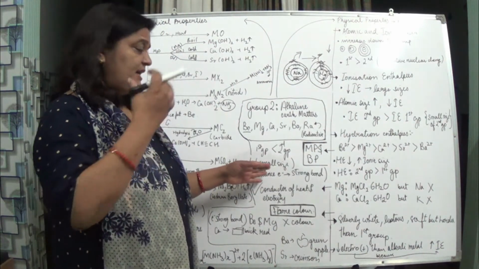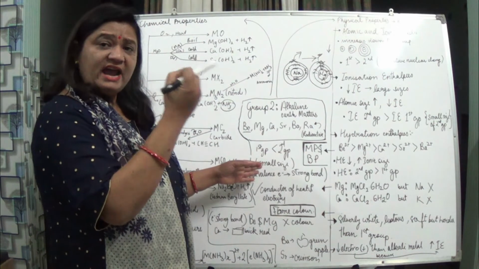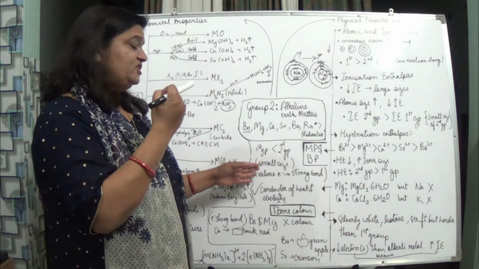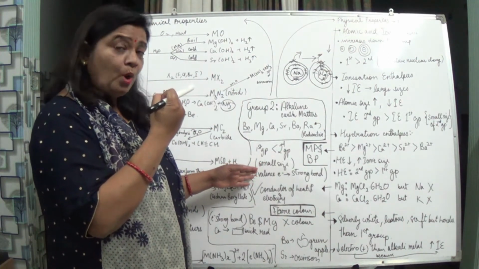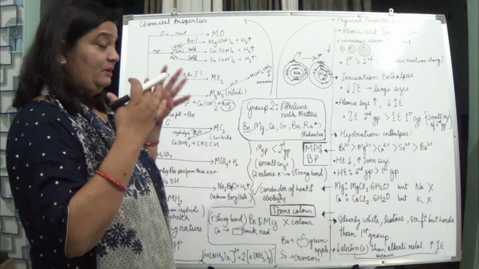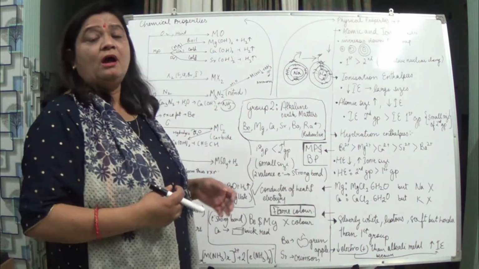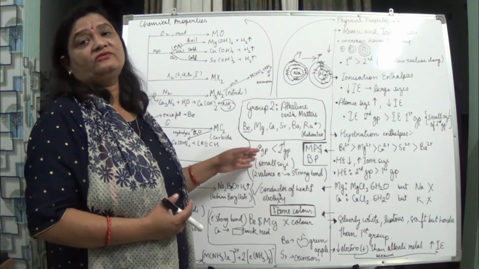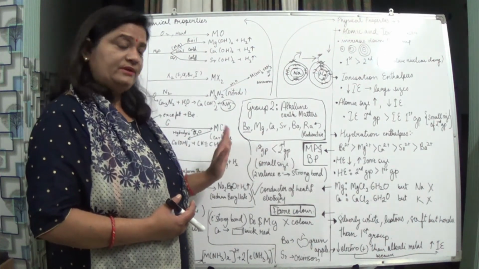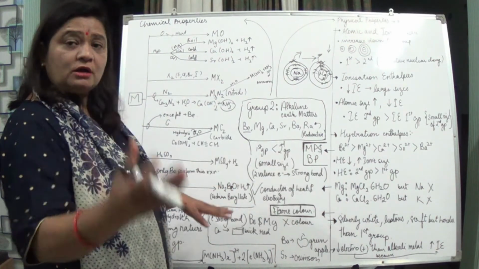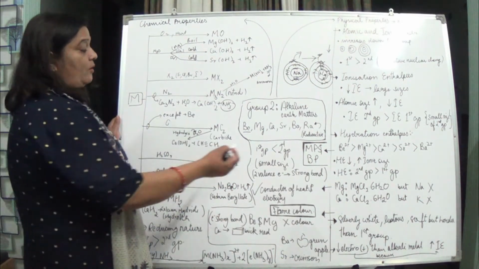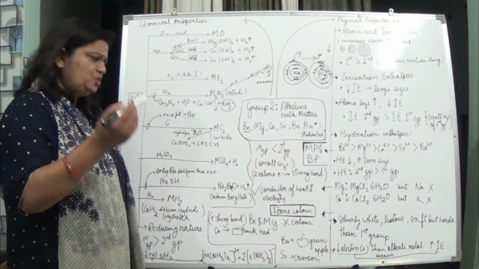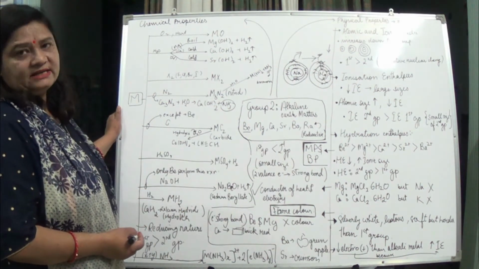Small in size, naturally the bond is strong, and if the bond is strong, the ionization enthalpy becomes more, making their melting and boiling points higher than those of the first group elements. Okay. When we talk about the conduction of heat and electricity, yes, they do conduct heat and electricity.